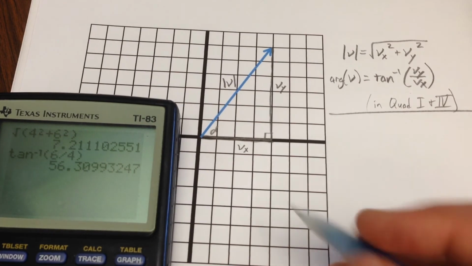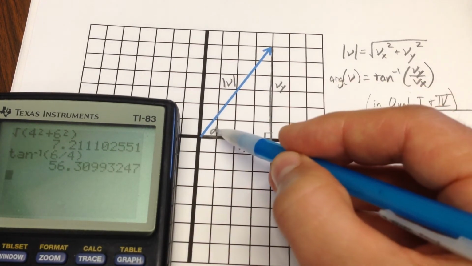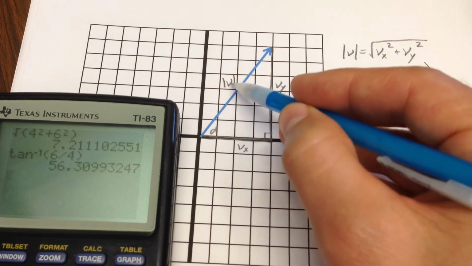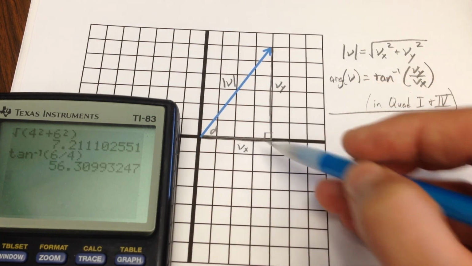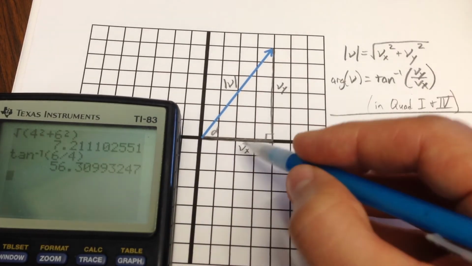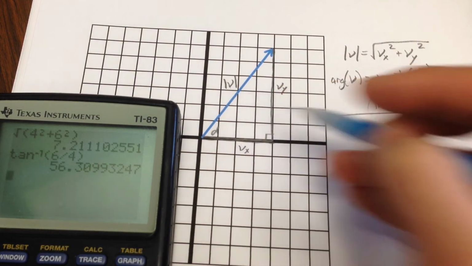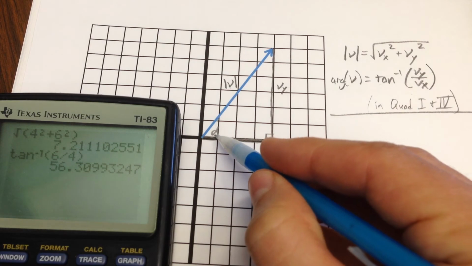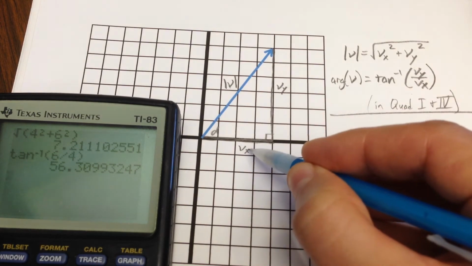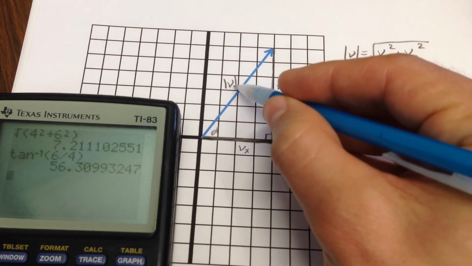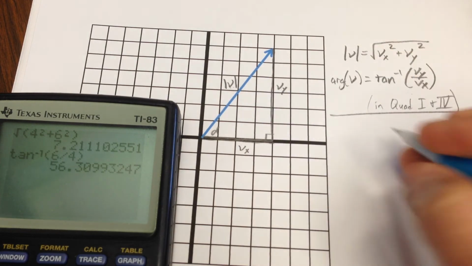But of course, if I knew the direction, or the angle, or the argument, and I knew the magnitude, how would I get to these two sides? Well, think about this. How is the adjacent side related to the hypotenuse and the angle? Well, cosine of alpha equals the adjacent over the hypotenuse.